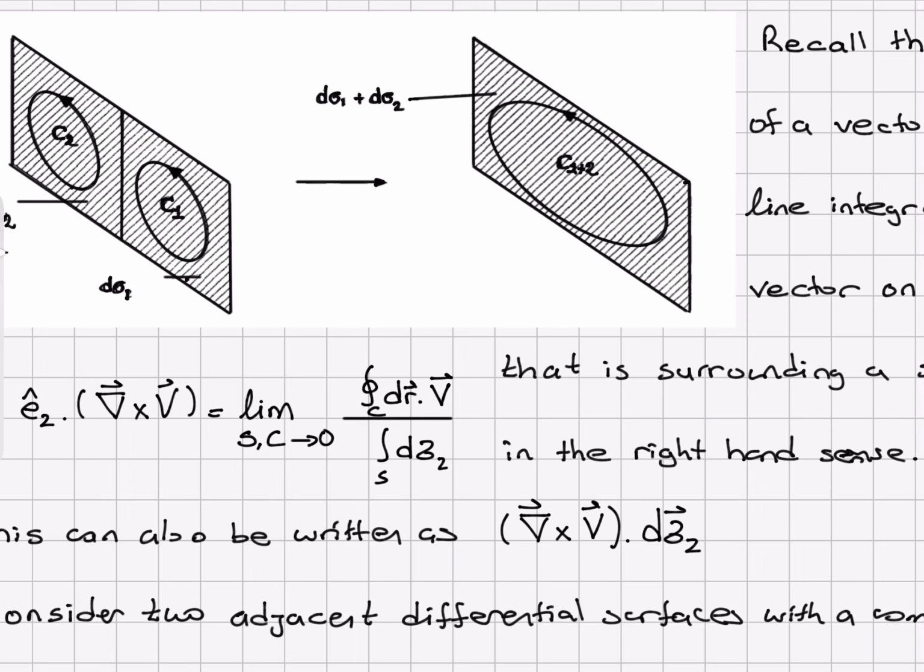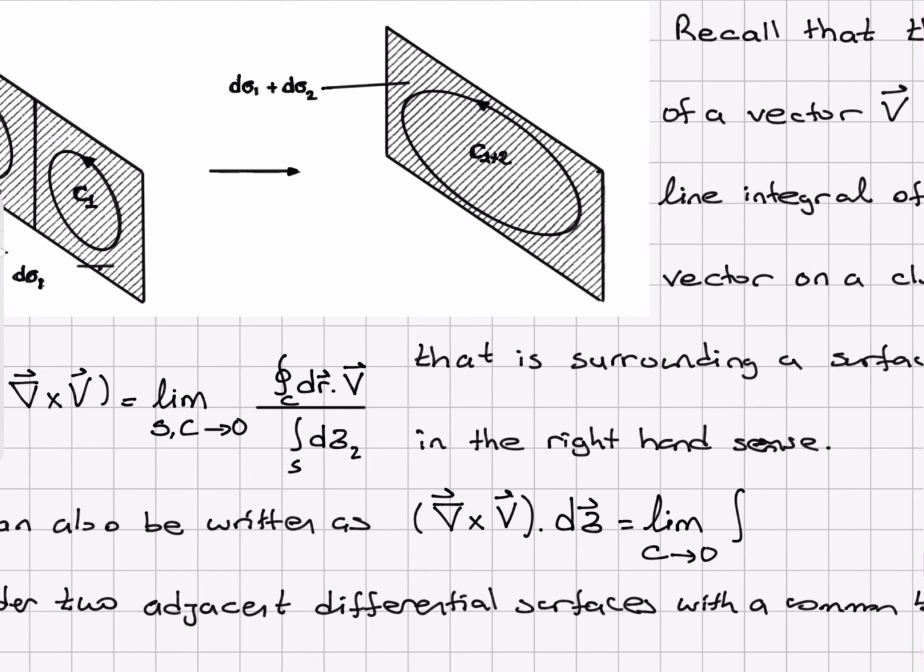That's taking the z component, or we can write it as a dot product with d sigma for any component. This will be the limit as C goes to 0 of the closed path integral dr dot product with v.